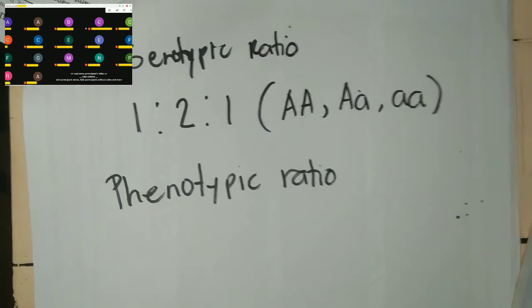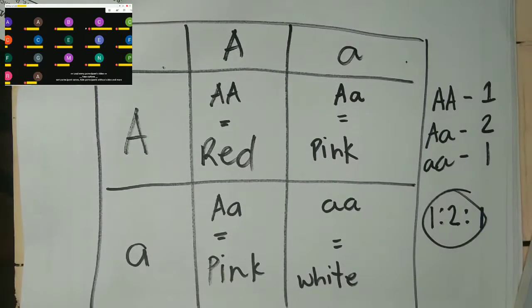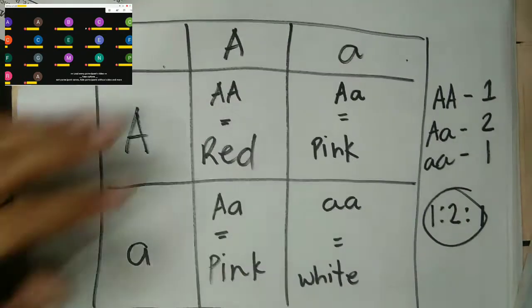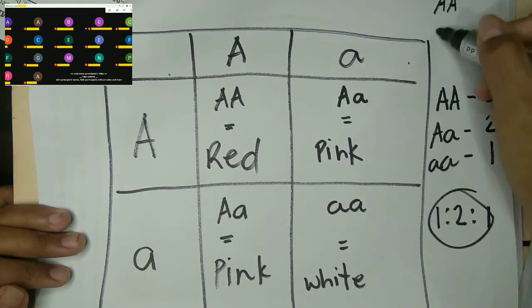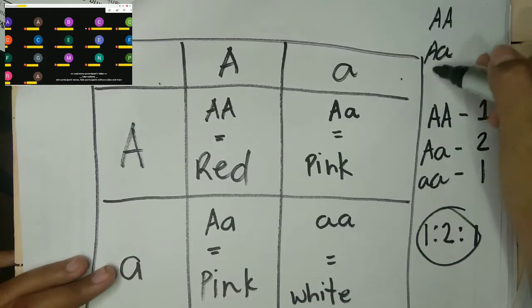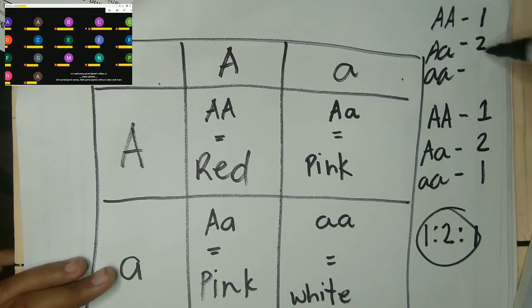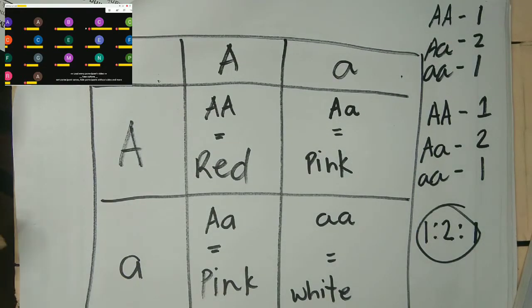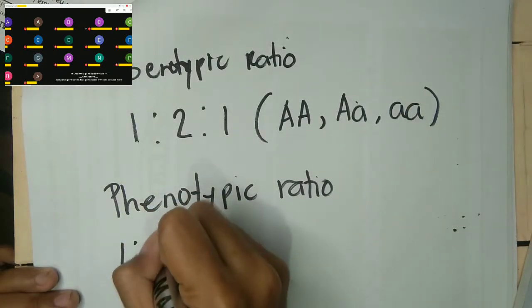Again, we have to determine the ratio of these offspring. Sorry, it's offspring there. So, again, we have to tally all the results.